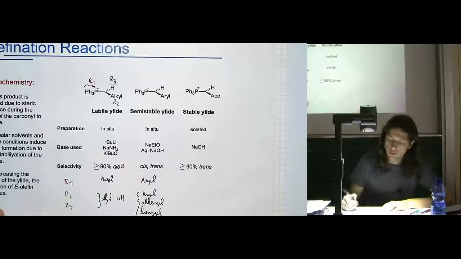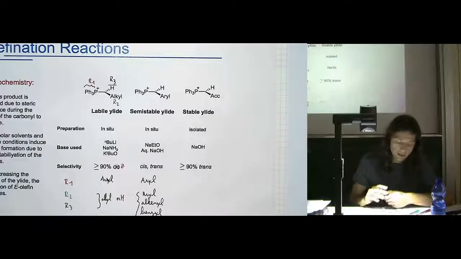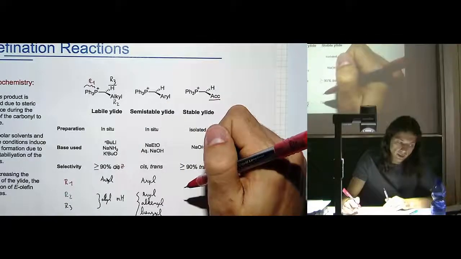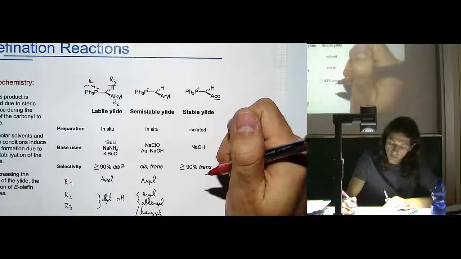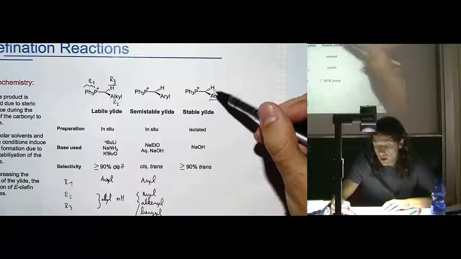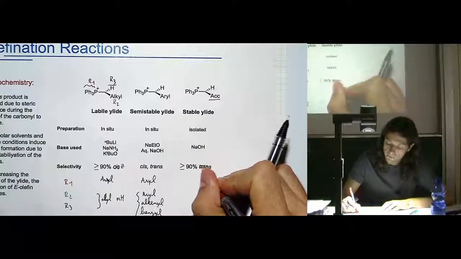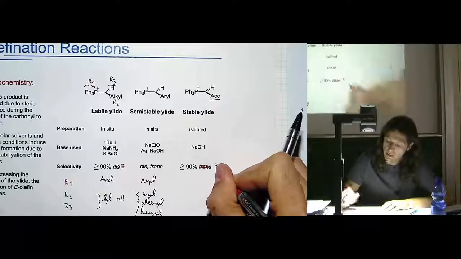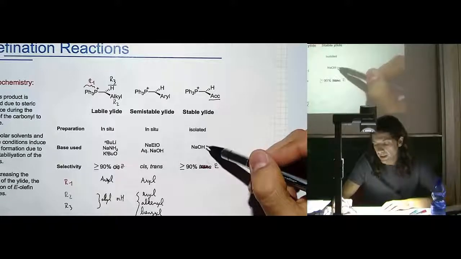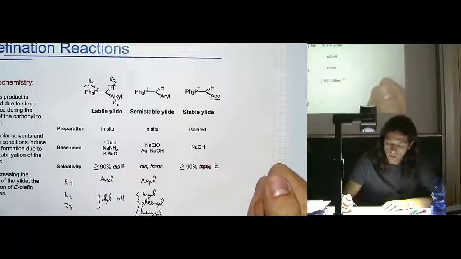Finally, the last situation we can have is a very stable halide. This happens whenever we have in this position acceptor moieties, acceptor groups. So this halide will give rise to predominantly the E stereochemistry, and the needed base for the deprotonation of this center is much weaker, such as sodium hydroxide.